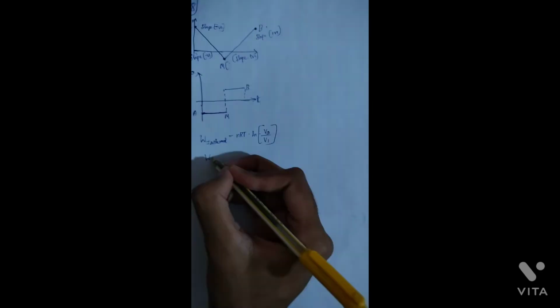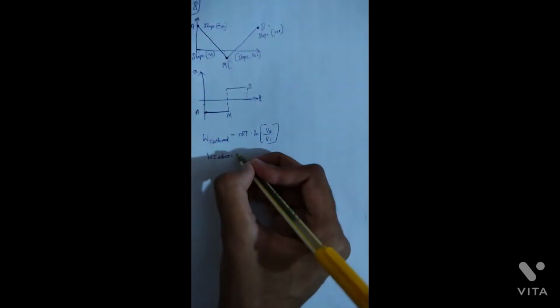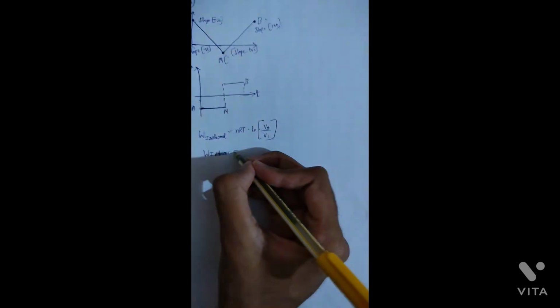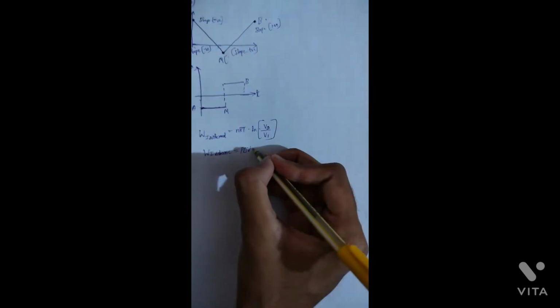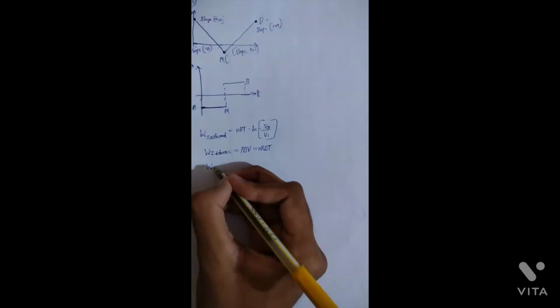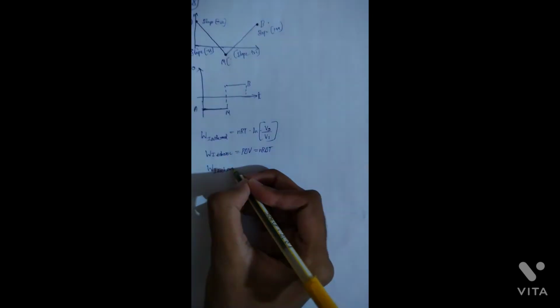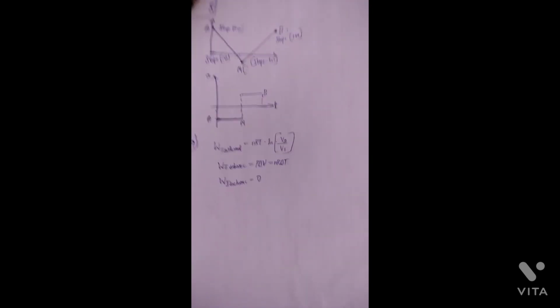Next, the second one is isobaric, B to C, that is equal to P delta V, which is nR delta T. Next, W isochoric, the last one, is zero, since nothing is given.